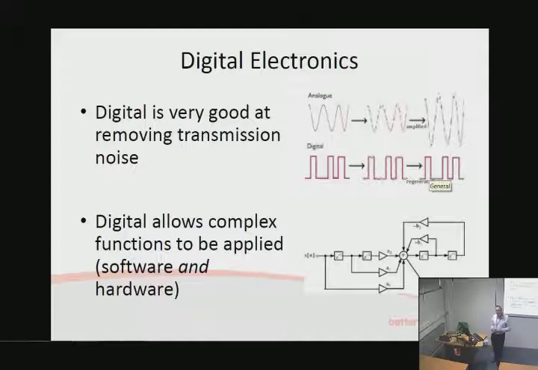It's usually done in software, but hardware, in the case of field programmable gate arrays and programmable logic, also makes that possible without software. I think those two points underline the reason why digital electronics has become so successful in our world.